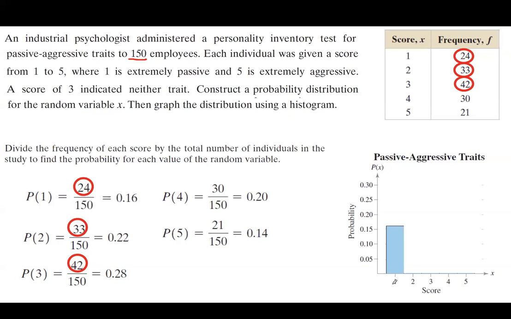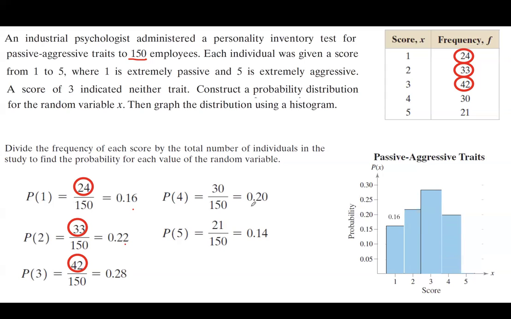The probability of score 1, as you know, is 16%, so the bar stops at 16%. The second score, 2, has probability 22%, so your bar is a little bit taller. The third, number 3, has 28%. This is the bar with the highest value here.